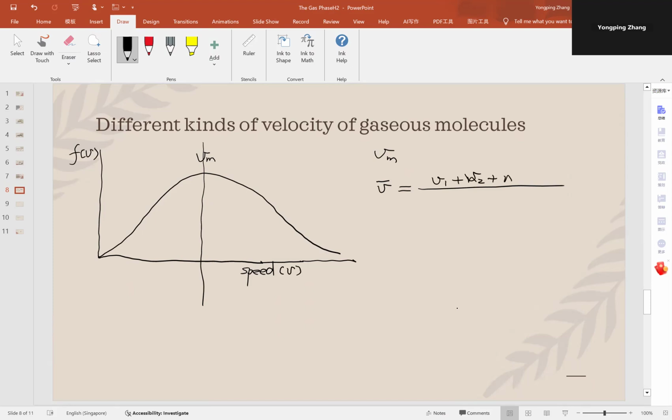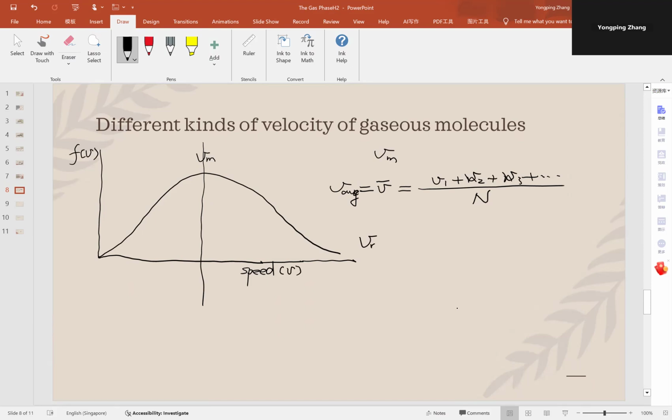This is the average. Another is the root mean square speed.